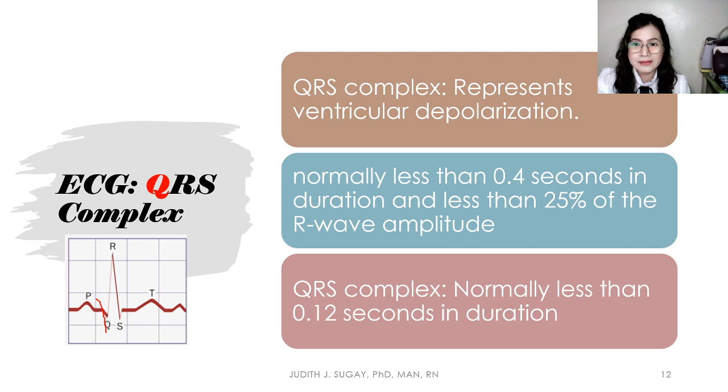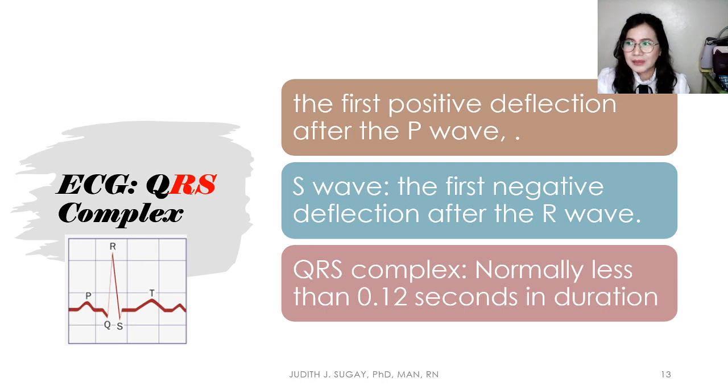So this is what you can see. And I would just like to reiterate that the Q wave takes normally less than 0.4 seconds in duration. Let's now have the R and S. The R wave is the first positive deflection after the P wave, and the S wave is the first negative deflection after the R wave.